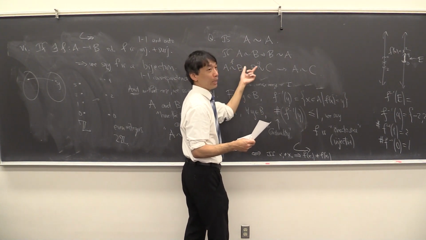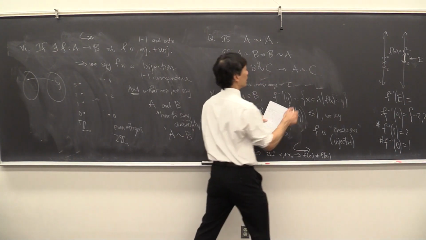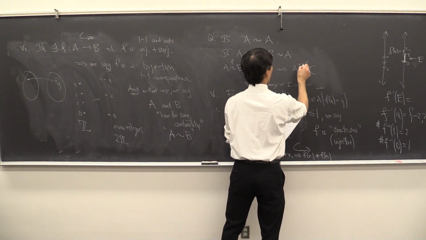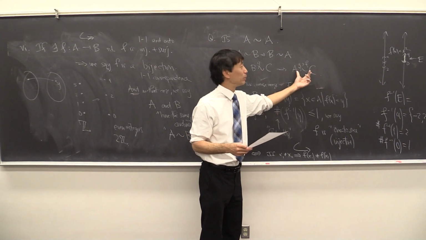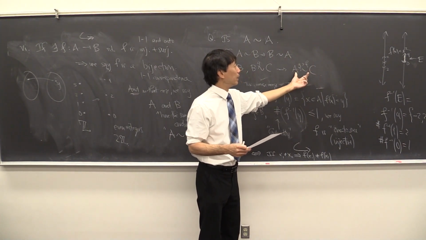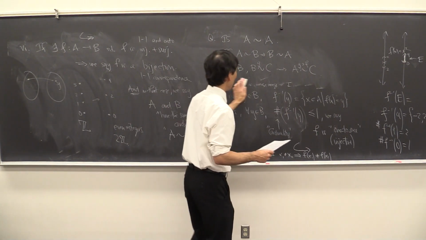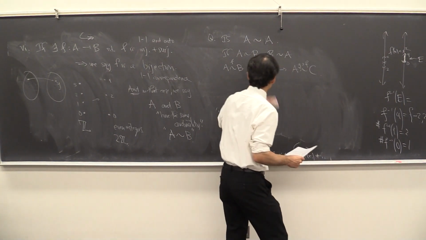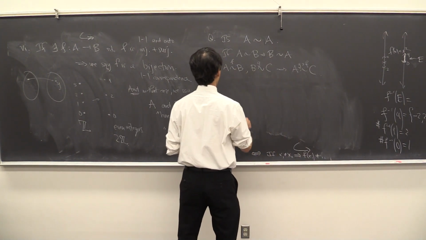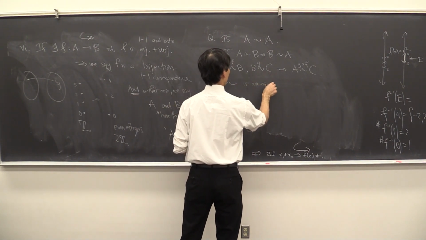You compose them, and you get a one-to-one onto map from A to C. Maybe you have to prove it, but it's pretty obvious. And so these have the same cardinality. Just as a side comment, this means that this is an equivalence relation.